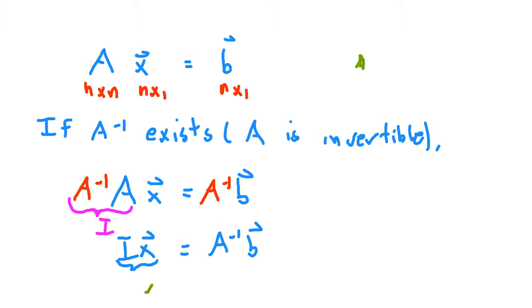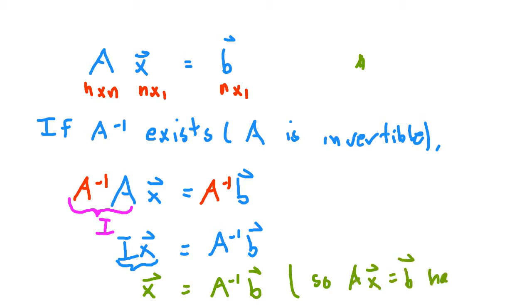It equals the vector x. Thank you. So the vector x equals A inverse times the vector B. So this means AX equals B has a solution, x.